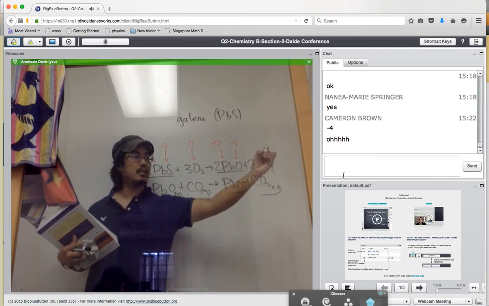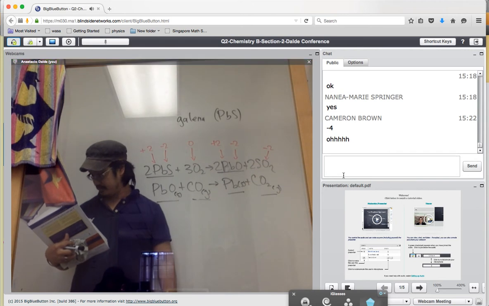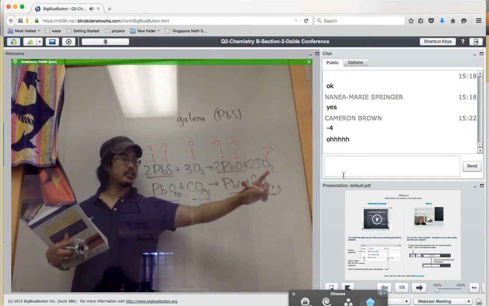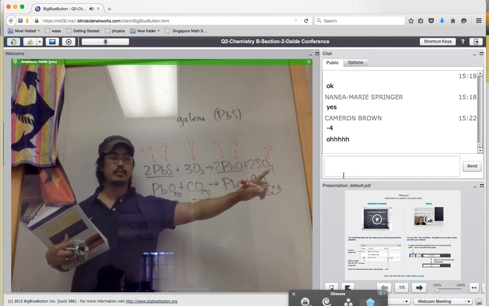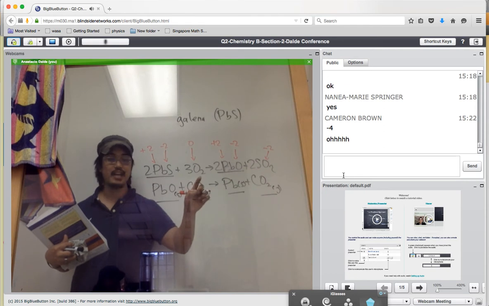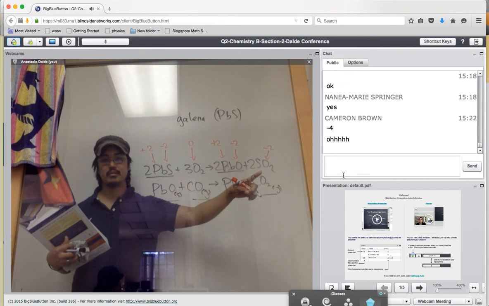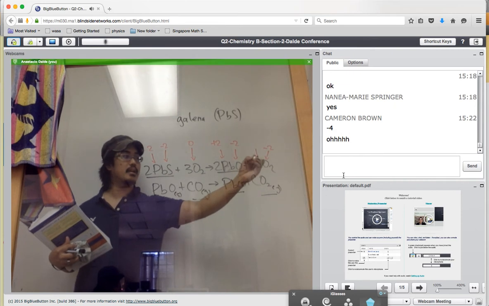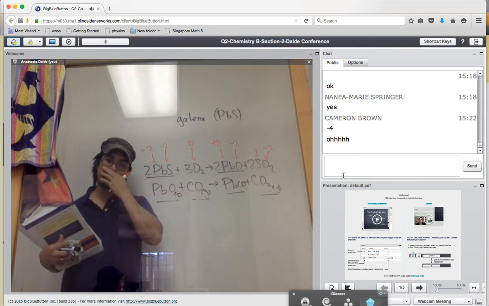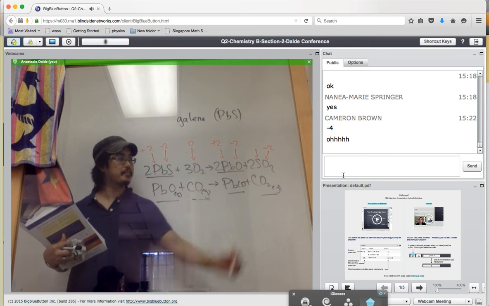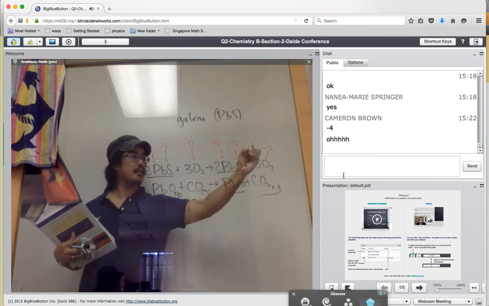That has a -2 on it, right? For the most part, all oxygens are going to have -2 unless it's an oxygen gas. What is this sulfur? What's that going to have on it? +4.